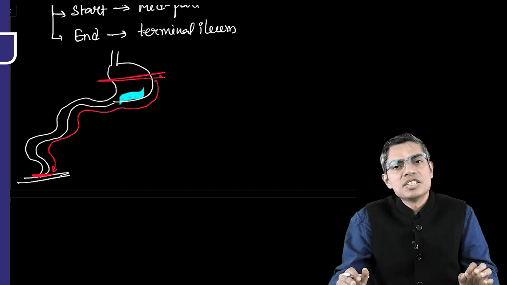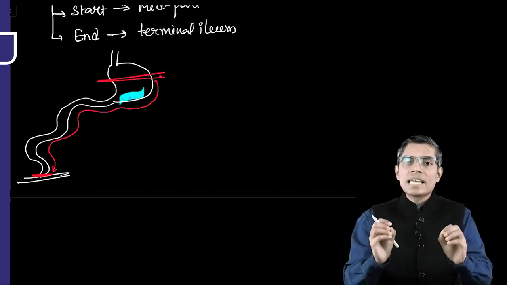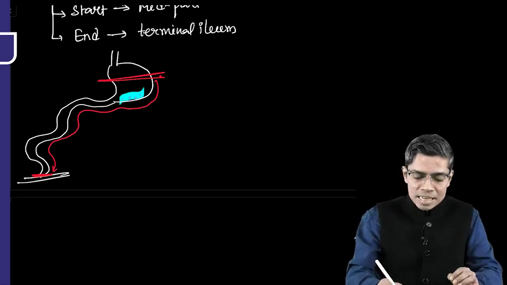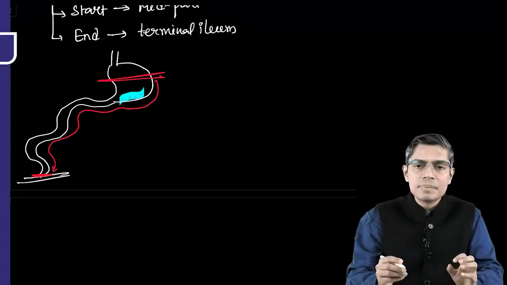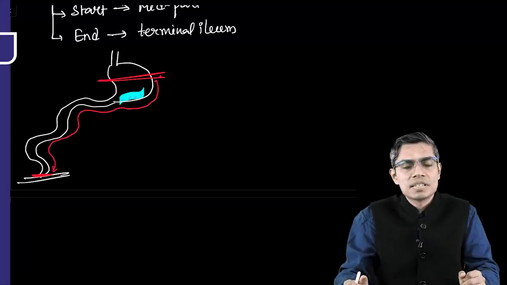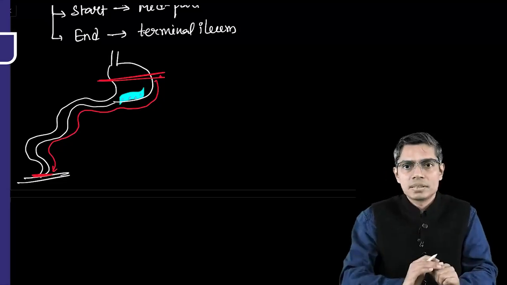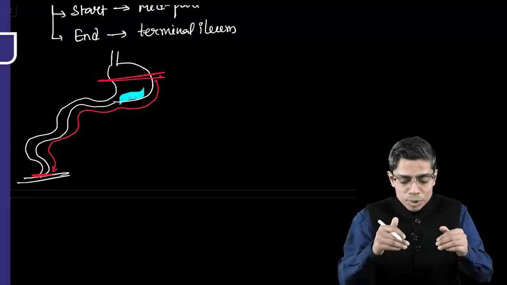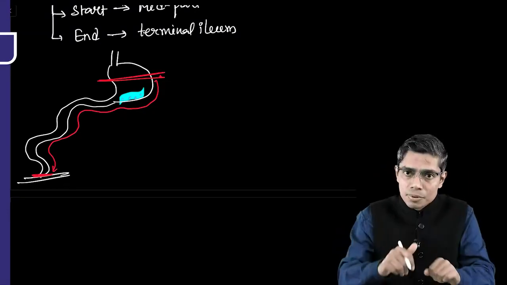Now I have to clear all of this remaining food particle and these remaining gastric juices which are still present inside the various parts of the GIT. So I have to clear up all this, okay, why? Because I have to prepare the GIT for the next food.